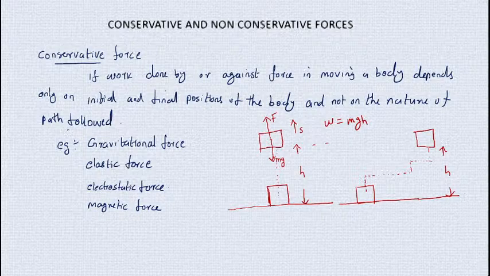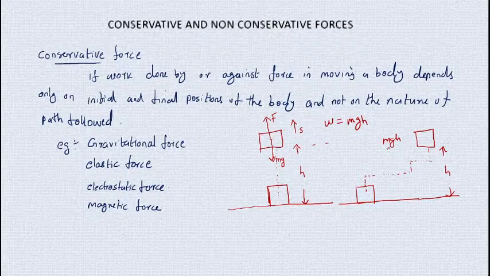So I have asked how much work is done to raise this body. Again someone has given the answer, the work is the same, mgh. Even though it goes through a different path, it is raised to the same height.